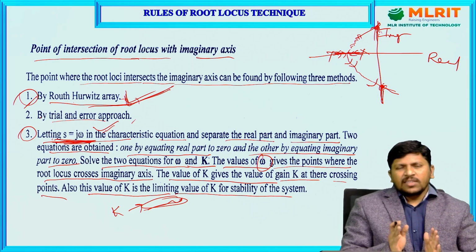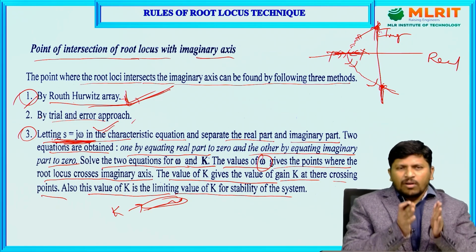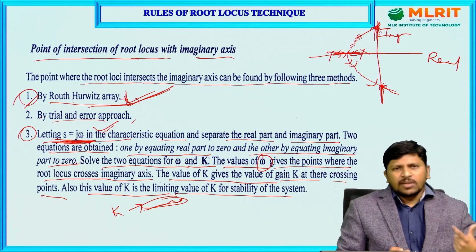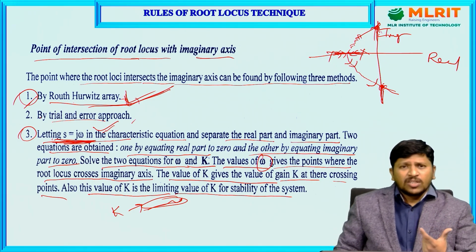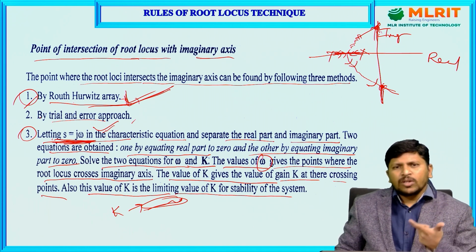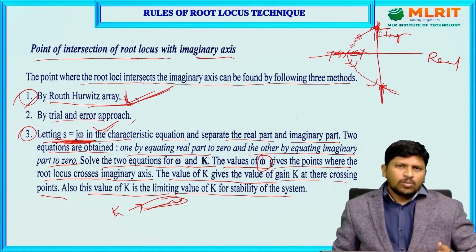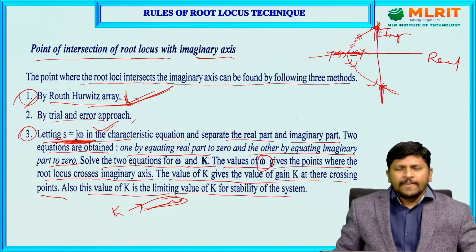Are there any sign changes? If there are no sign changes, then the system is stable. Or if a limited range of k is available, we substitute a value within that range, and the system is limitedly stable. All these are the rules to construct the root locus. I hope you understand all these rules. Thank you all.